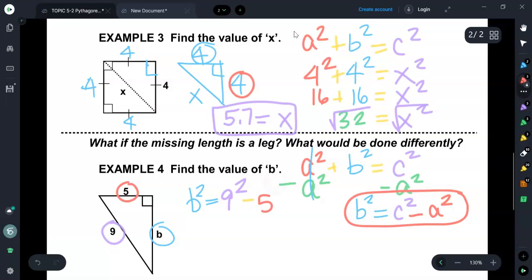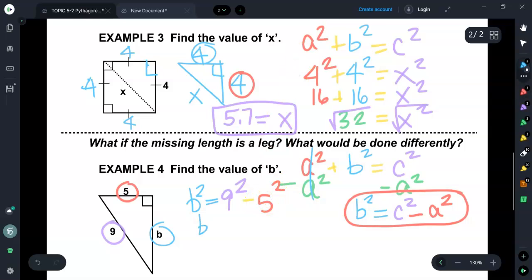When we are solving for a leg, notice I am now subtracting as opposed to adding. Up here, when I'm solving for c squared, I'm adding the two squared values of the legs. When I'm looking for one of the legs, I'm subtracting the other leg from the hypotenuse. So it's subtraction.